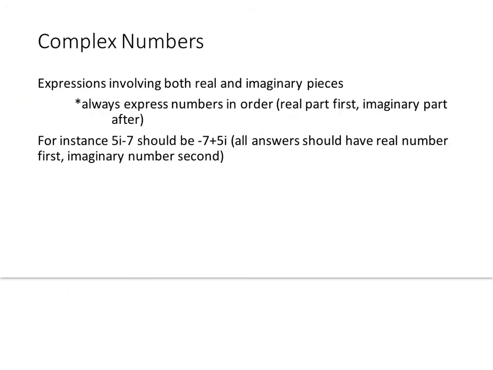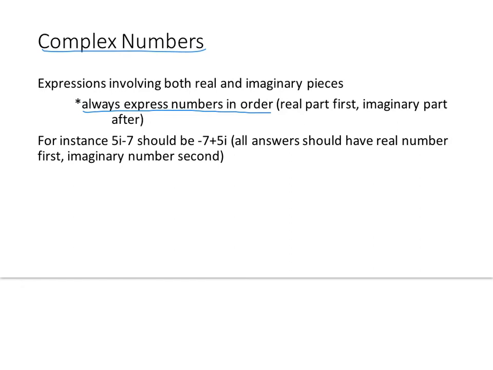Now that I introduced you to imaginary numbers, we're going to talk about complex numbers. So expressions involving both real and imaginary pieces. The big thing that I want you guys to get out of here is we're always going to express the numbers in order. The real part goes first and the imaginary part goes after.